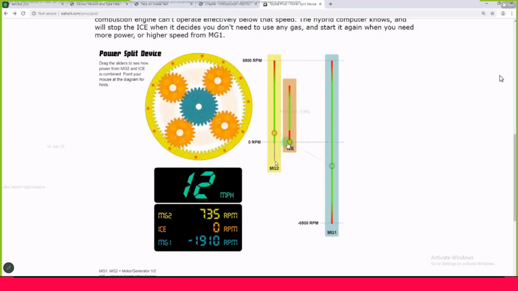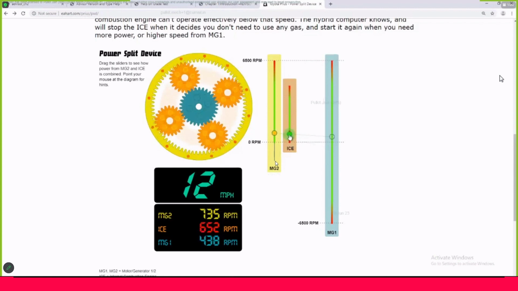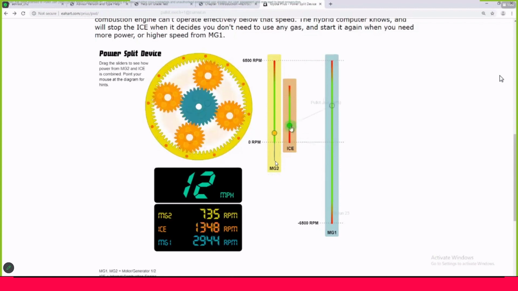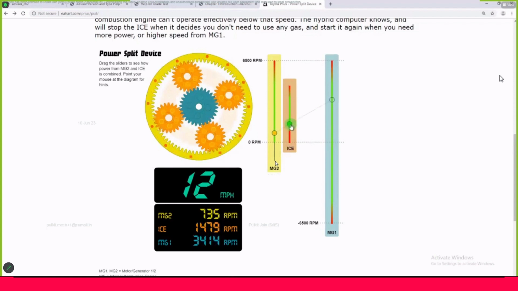Now here, if I increase the speed, let's see what is happening. So the IC engine is at rest, and the 12 miles per hour speed is obtained through MG1 and MG2, taking the power entirely from the battery. For example, I can increase this to a certain extent, and this will come to a value like this.